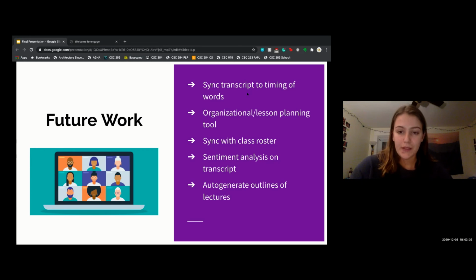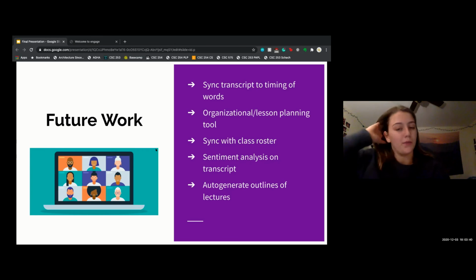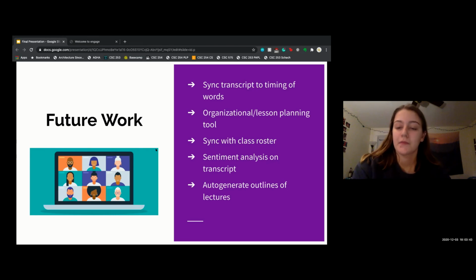But I would also want to develop more organizational and lesson planning tools.